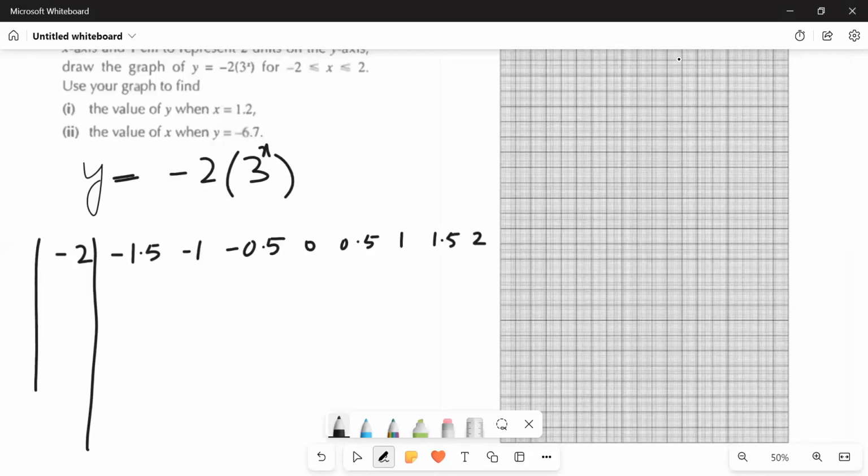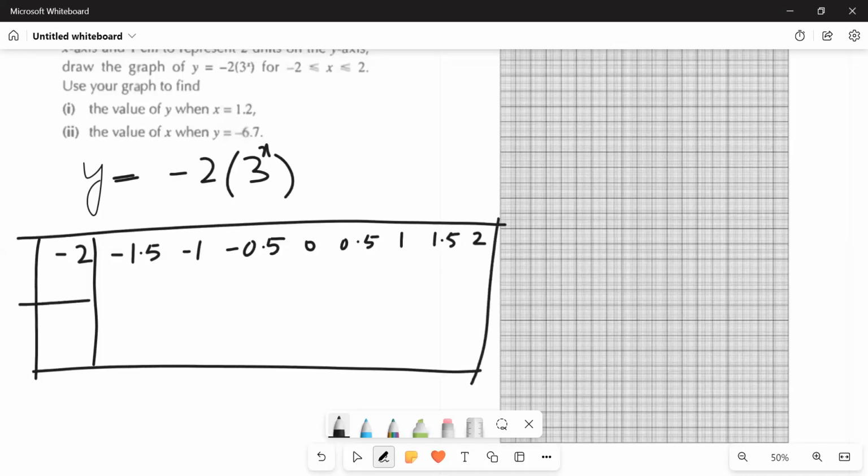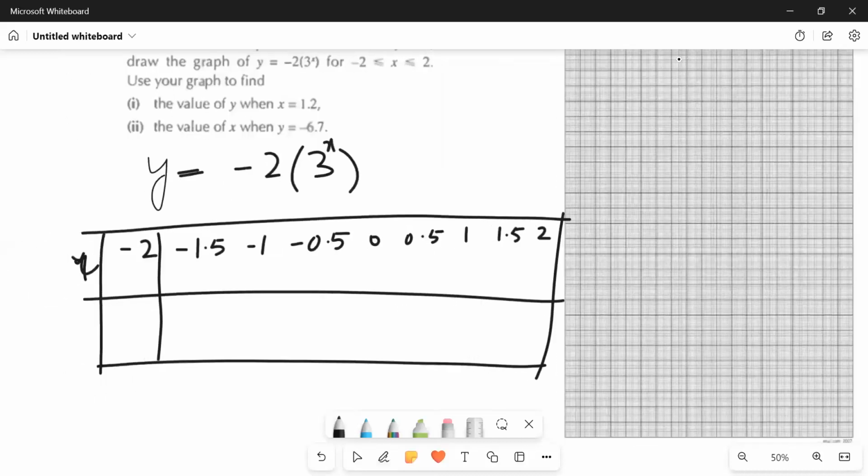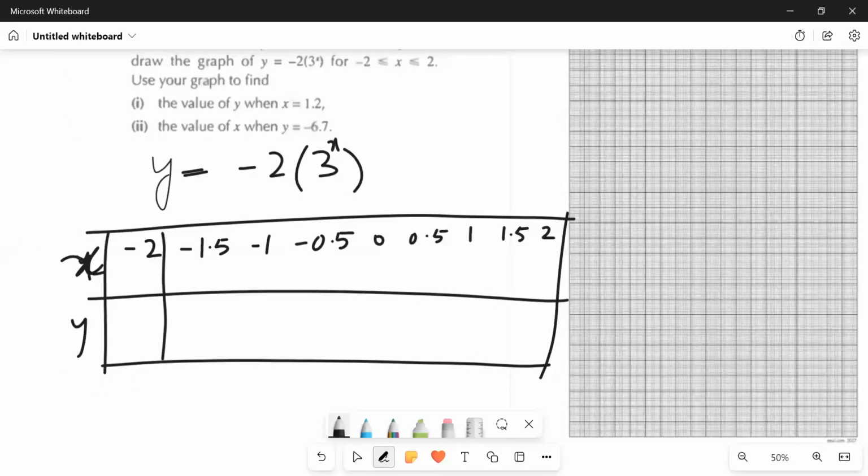So according to this, x values and y values. This is x and this is y. So now we will find from the calculator.